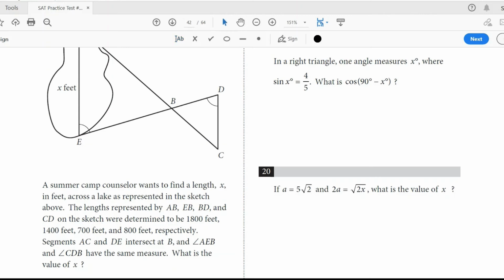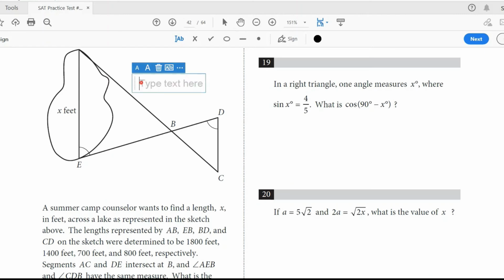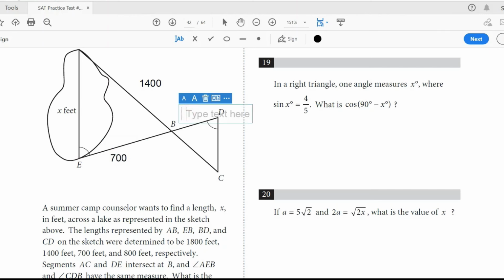Okay, this is quite a lot of information, so let's draw it on the diagram here. AB equals 1,400, EB equals 700, BD equals 800.